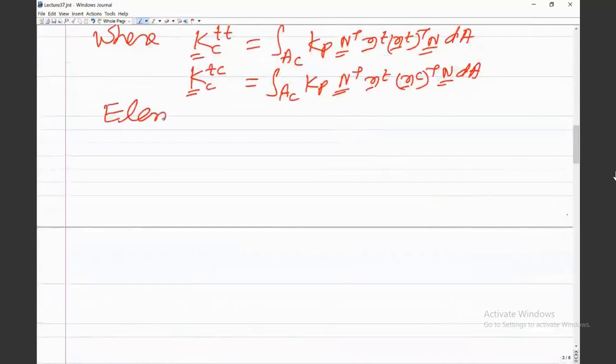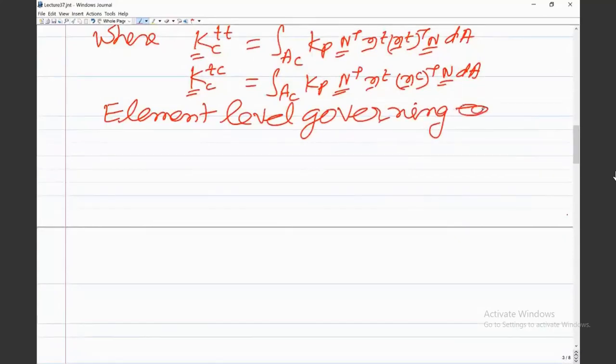So you would see that the element level governing equation for target is now, first term will give you the stiffness matrix of the target element.